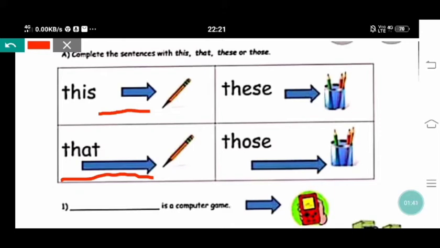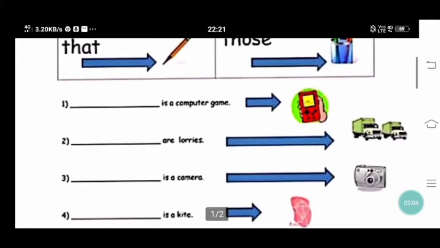These, when the arrow is short and the things are in plural form, so we have to use these. When the arrow is long and things are far from us, it means you have to use those. So through this arrow you have to identify and write down this, that, these, those.